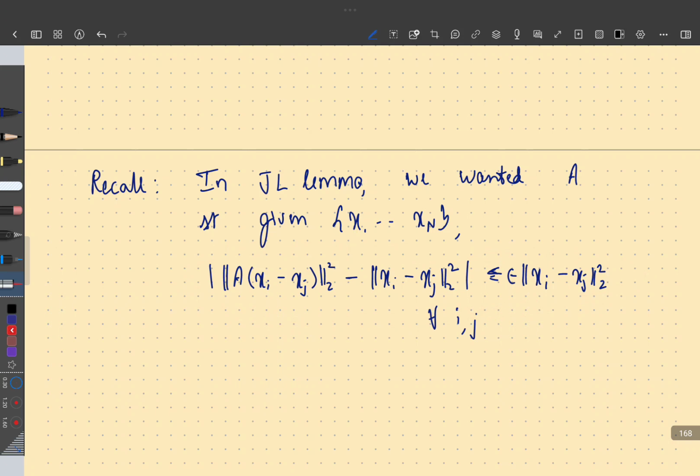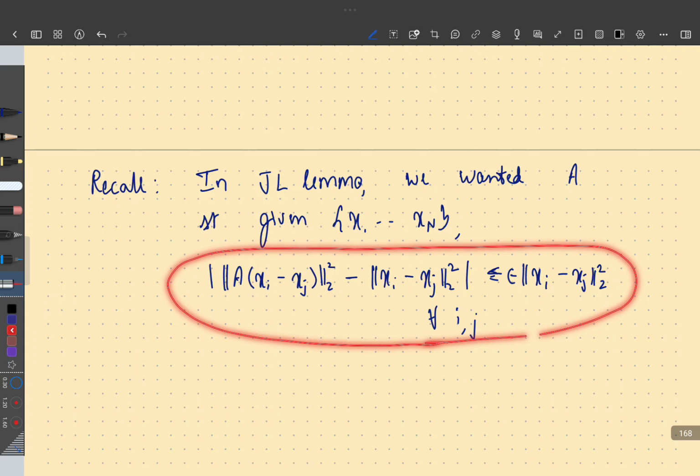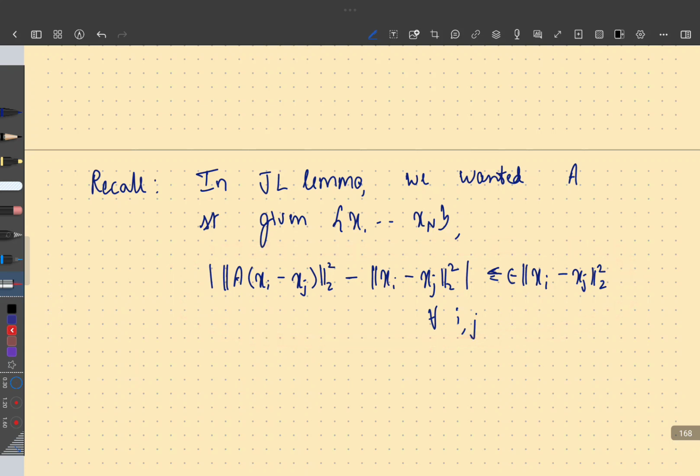Since the number of xi, xj pairs given to us is just n choose 2, you just take a union bound over all pairs, and we showed that the probability that this does not happen for all pairs i, j is something that is vanishing in n.